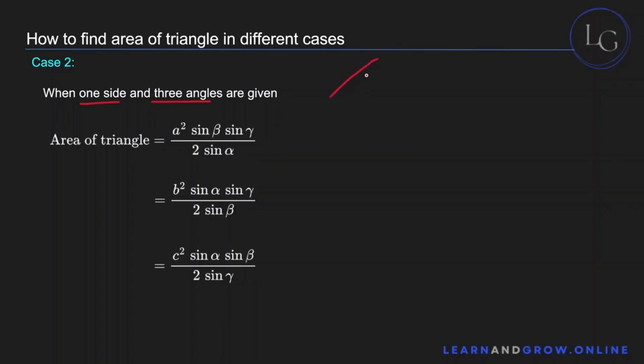Let's say you have this triangle over here, right? Let's say this is angle alpha, this is angle beta, and this is angle gamma.